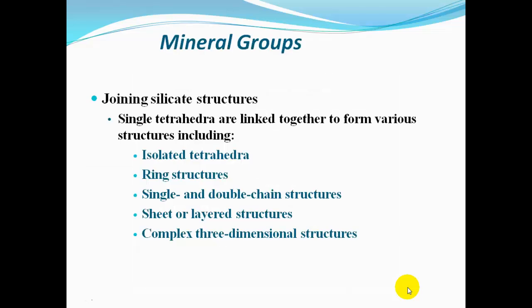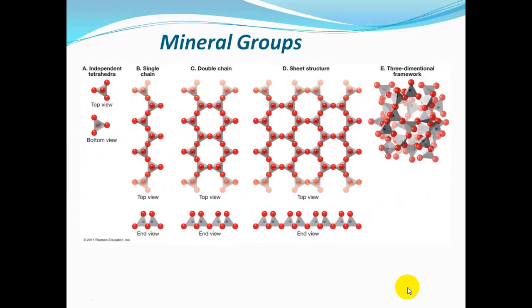Joining silicate structures. Single tetrahedra link together to form various structures, and these will affect the crystal structure of minerals. And these structures are the isolated tetrahedra, ring structures, single and double chain structures, sheet or layer structures, and complex three-dimensional structures. Okay, so the independent tetrahedra may get bonded loosely with magnesium or iron ions.